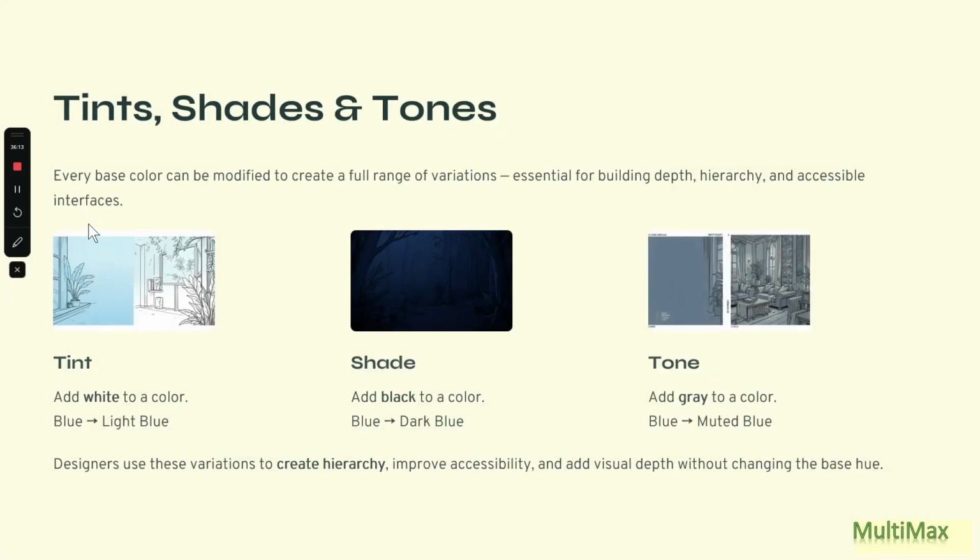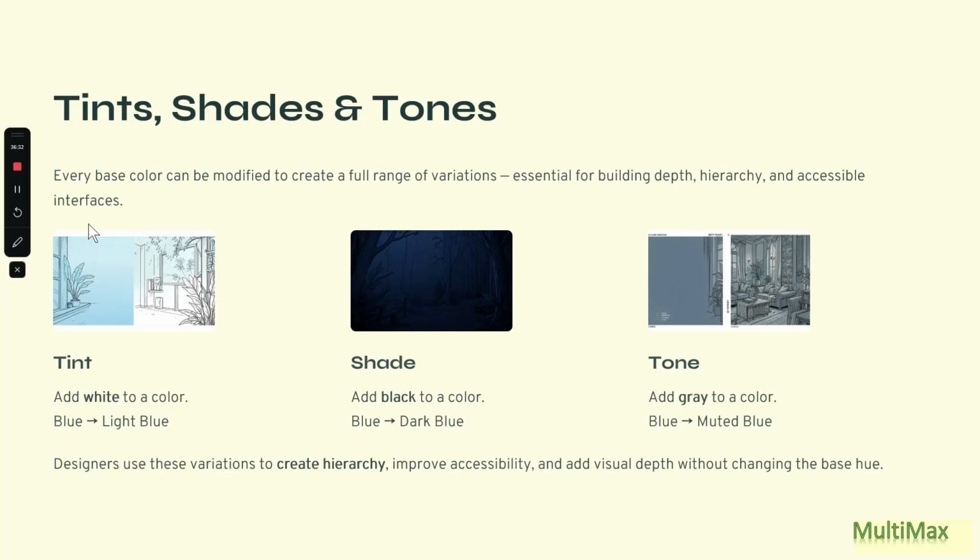Here tint, shade, tone, 3 are given, but actually there are 4. The first one is hue. We haven't mentioned hue because hue is the natural, pure color.